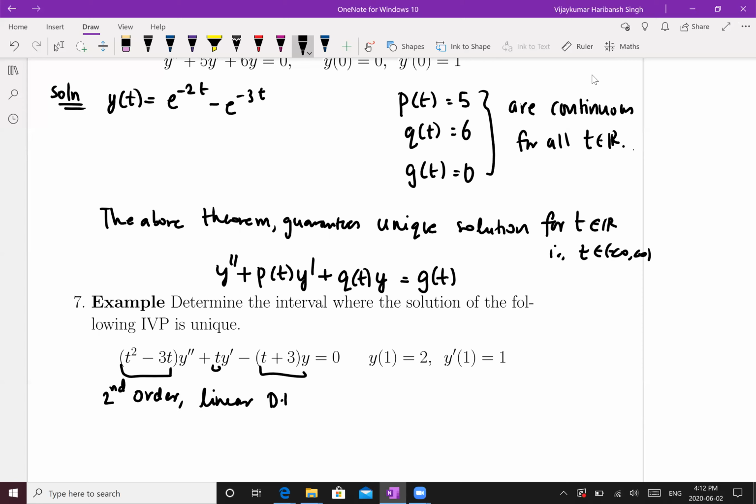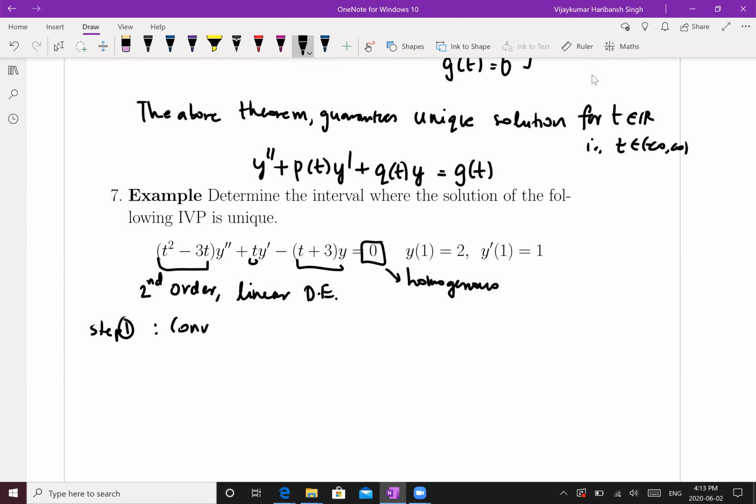Now step one, convert this differential equation into standard form. Standard form means y double prime has no coefficient.